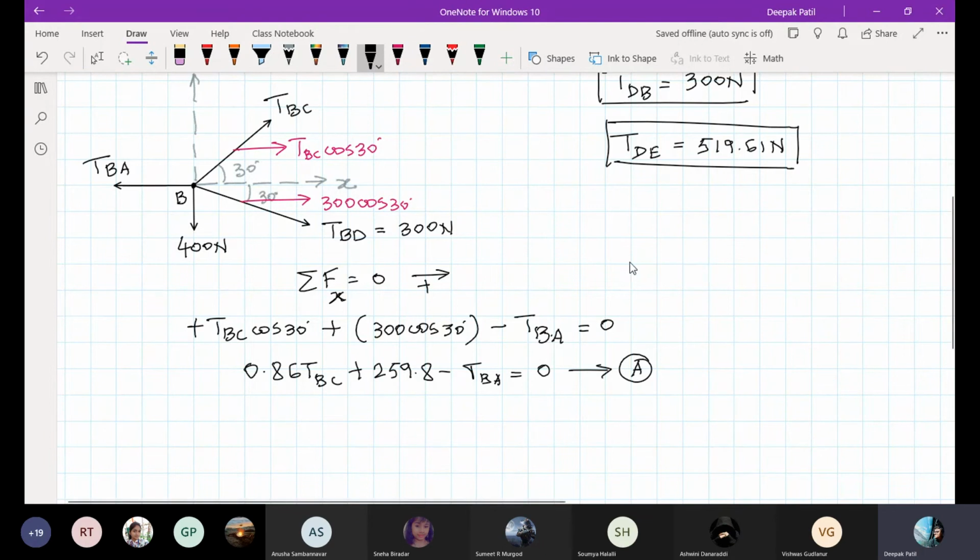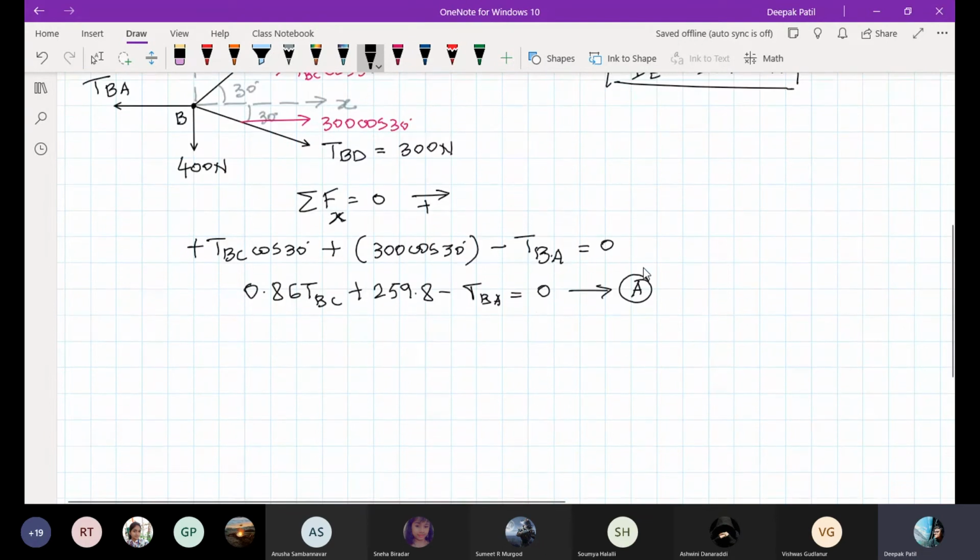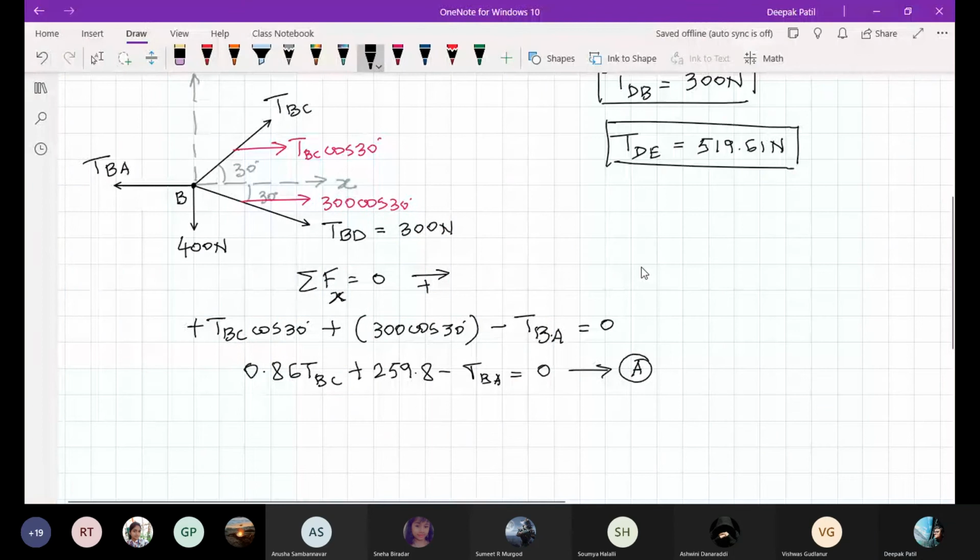Then let me go for the next equilibrium equation, that is summation of Fy equal to 0. And the sign convention I'm following is all the forces in the upward direction as positive. So this sign convention I'll be following, right? So let me mark the y components. For this, the y component will be downwards, and for this, the y component will be upwards.